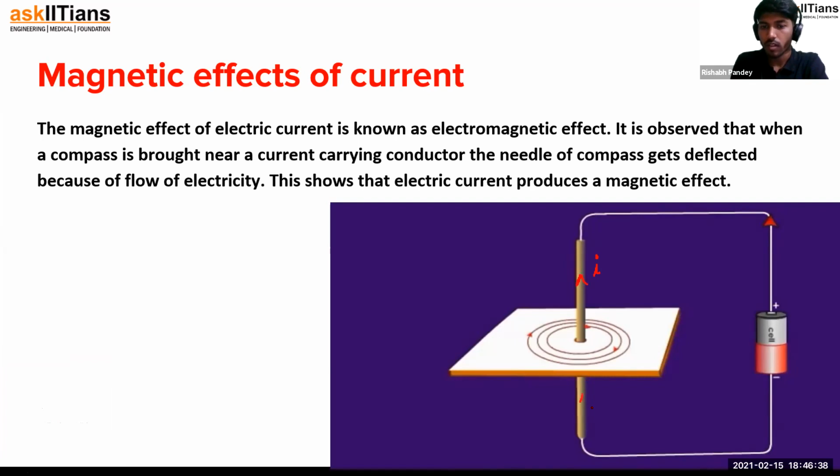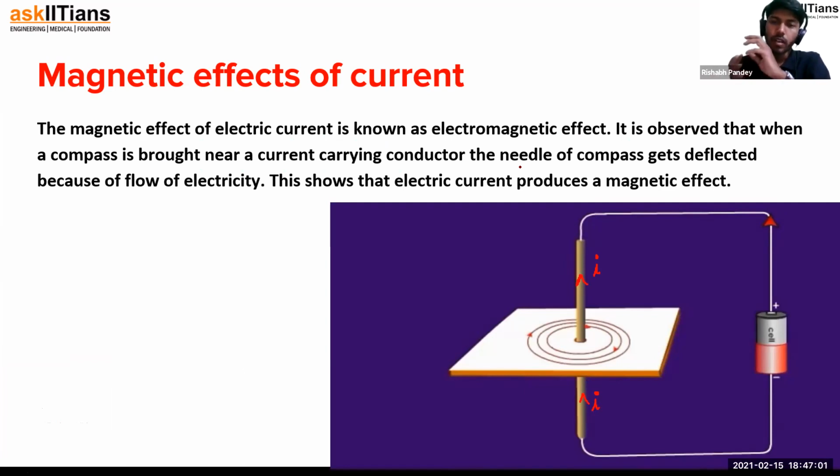Due to the flow of current in this wire, a magnetic field is produced around it. The magnetic effect of electric current is known as the electromagnetic effect. It is observed that when a compass is brought near a current carrying conductor, the needle of the compass gets deflected because of the flow of electricity.